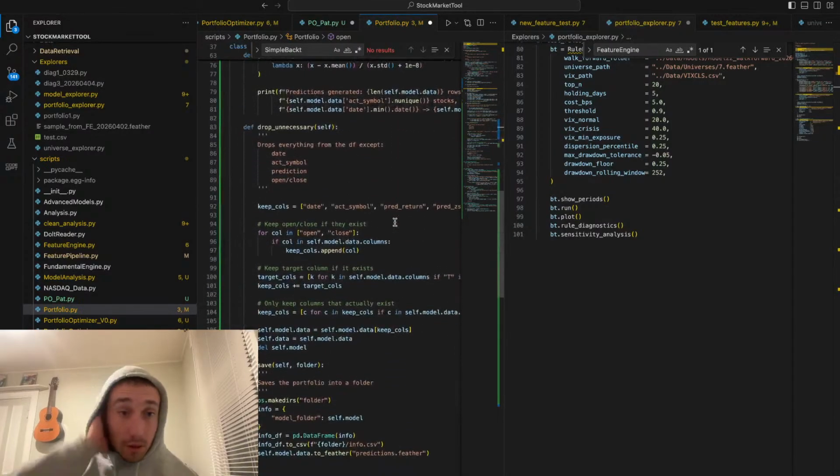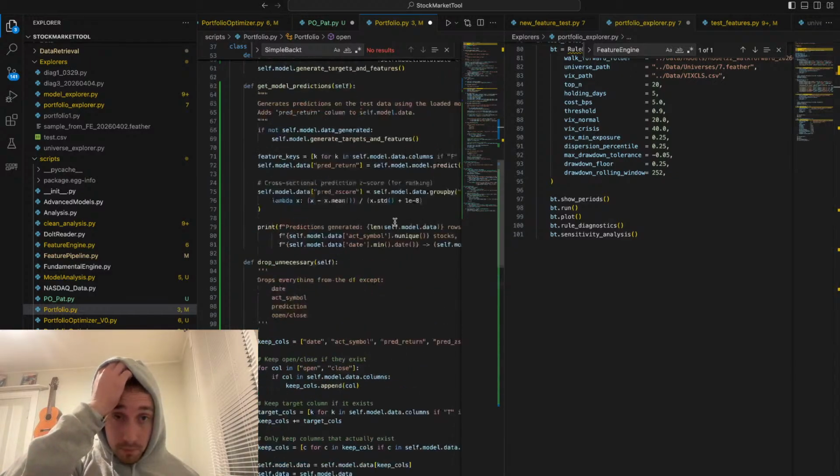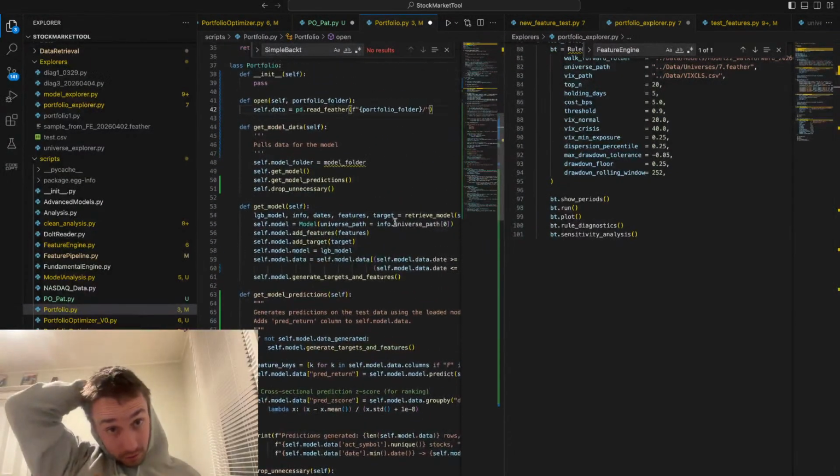Portfolio folder slash predictions.feather.